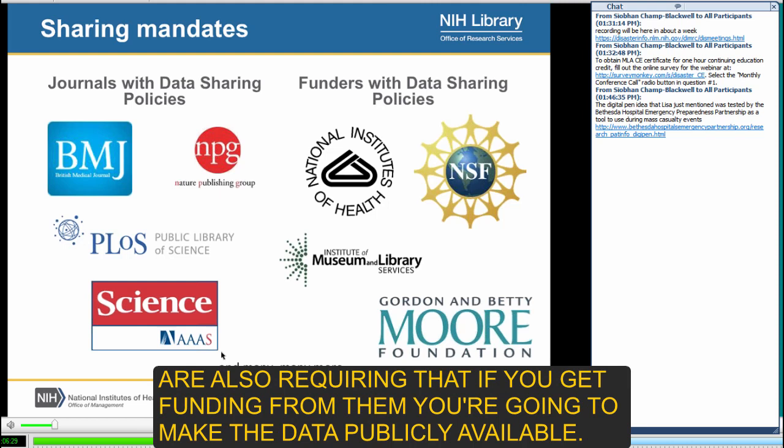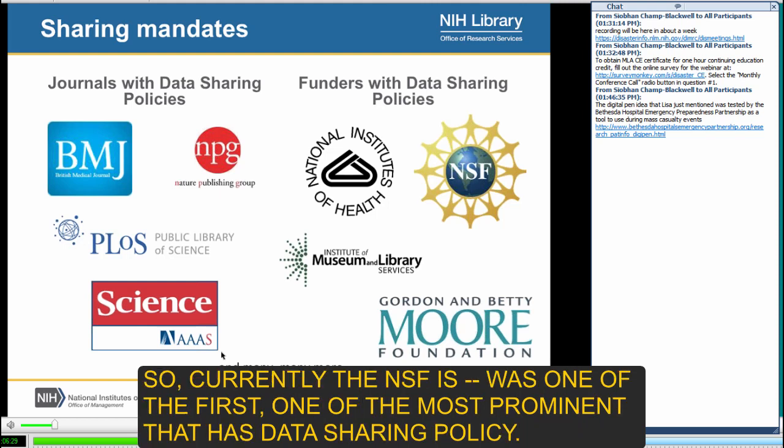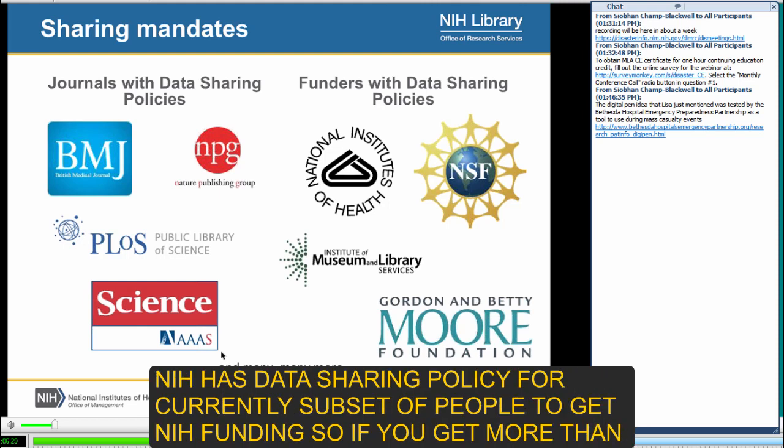And then a lot of funders are also requiring that if you get funding from them, you're going to make the data publicly available. Currently the NSF was one of the first and is probably the most prominent that has a data sharing policy. The NIH has a data sharing policy for currently a subset of people that get NIH funding.